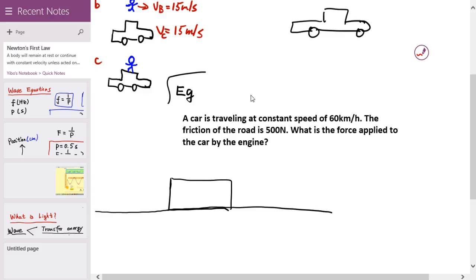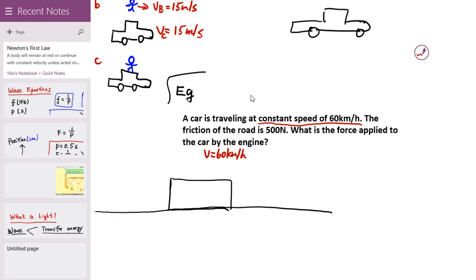Let's start reading the question. It travels at a constant speed of 60 kilometers per hour, so the velocity is 60 kilometers per hour. It's constant, which means the acceleration is zero. According to Newton's law, the net force is zero.